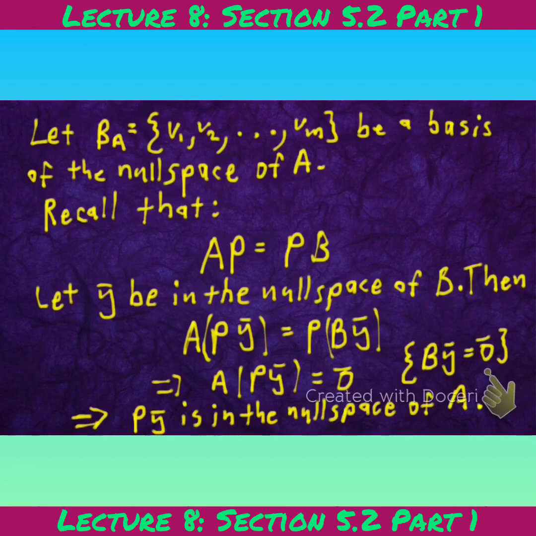Therefore the vector Py will be in the null space of the matrix A, because multiplying it with A gives the 0 vector. Now because Py is in the null space of A, we can represent Py as a linear combination of the vectors in this set here.